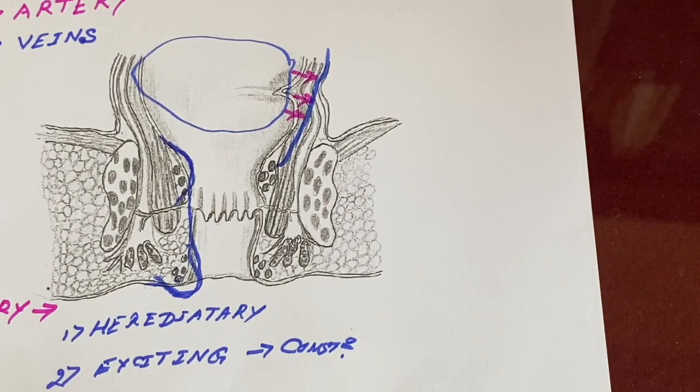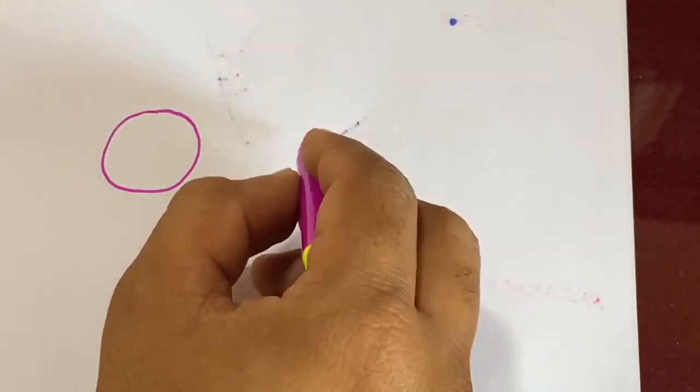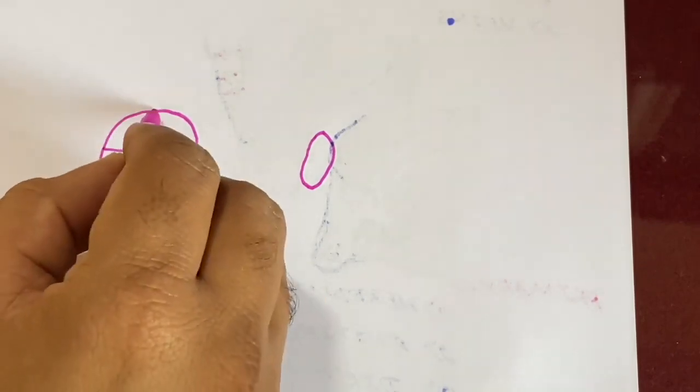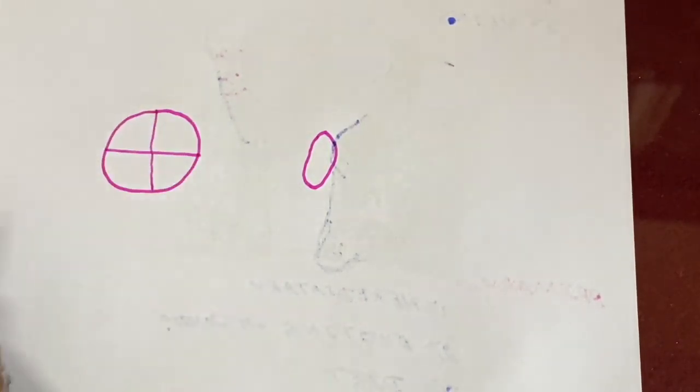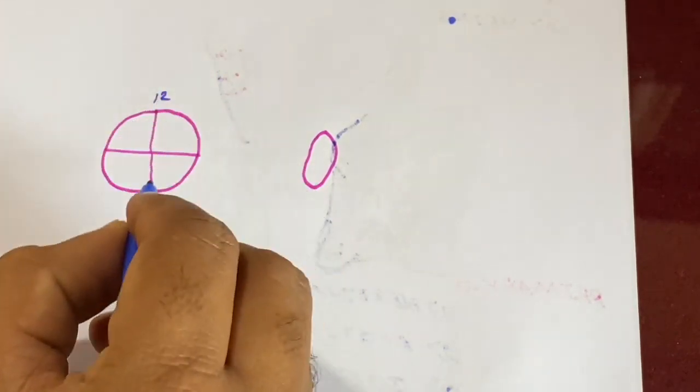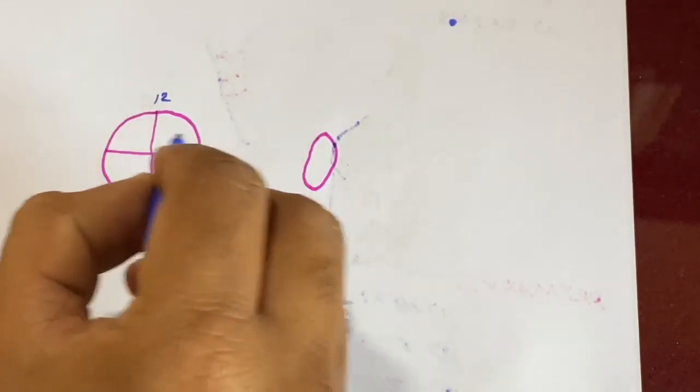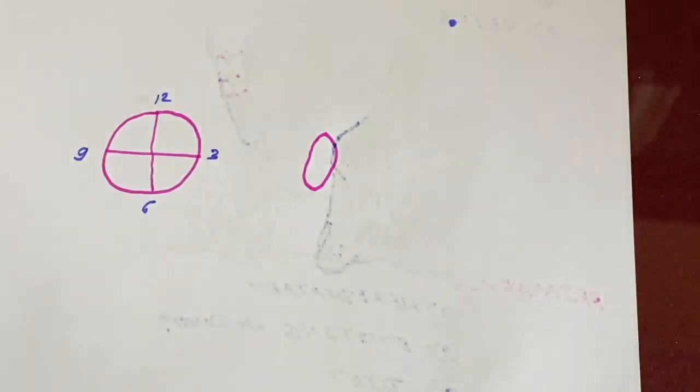So this is another kind of staging or classification of the internal hemorrhoids. When you take a patient in the lithotomy position, the anal canal actually looks oval, but we take it as round. If you imagine a clock position, this comes at 12 o'clock, 6 o'clock, 3 o'clock and 9 o'clock.